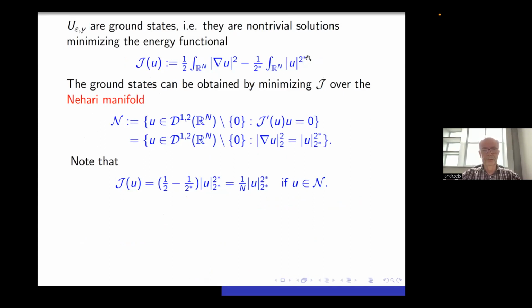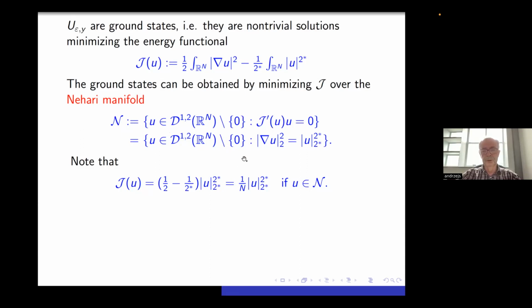Another way of obtaining ground states is to minimize J over the Nehari manifold, which by definition is the set of functions u with 0 deleted such that J prime of u evaluated at u is equal to 0.